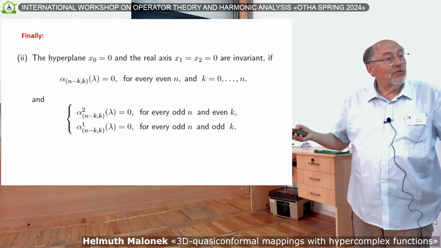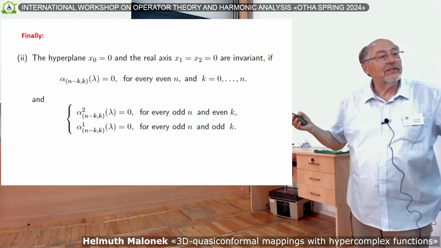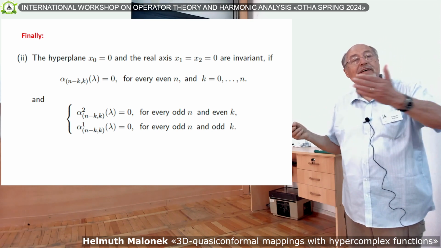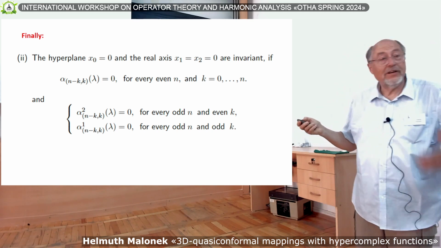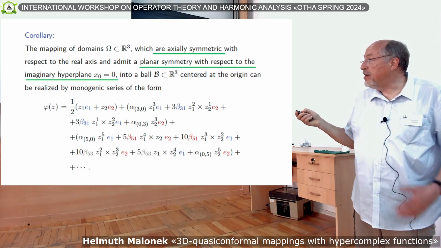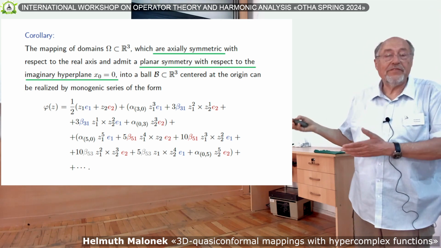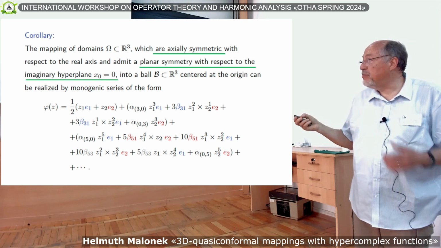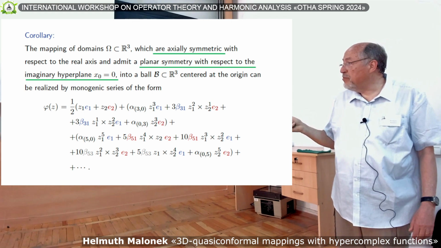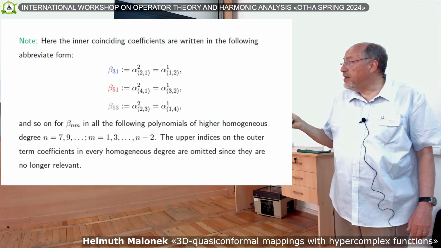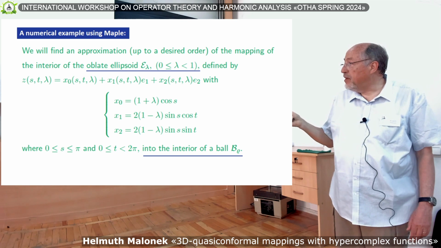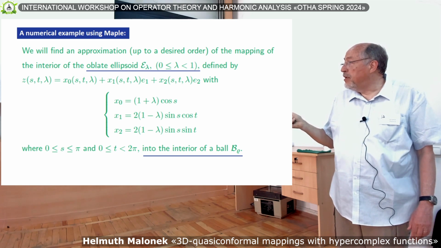It's, as I told you, not for showing here the most general things for doing quasi-conformal mapping, but as an example, because this will lead us to a set of functions which are relevant in this case. You see, here we have axially symmetric domains, so the method works very well for axially symmetric domains, and here you see the coefficients come in, but they have to coincide in some components, and then here is the realization of this approximation.